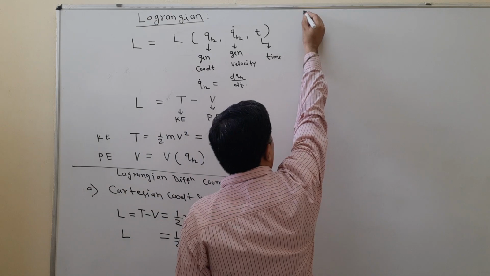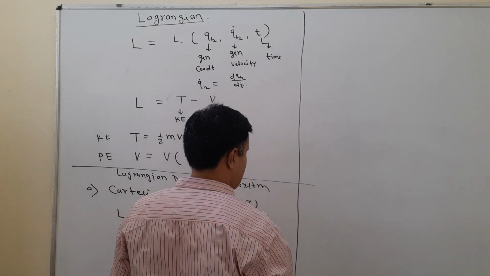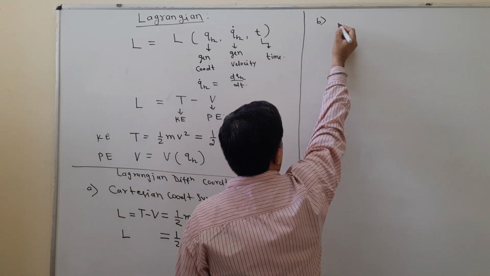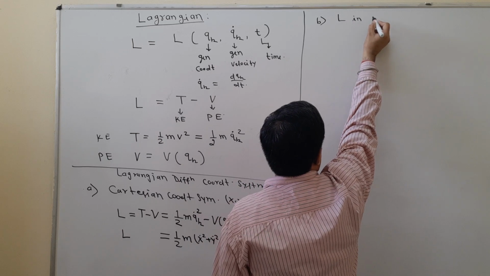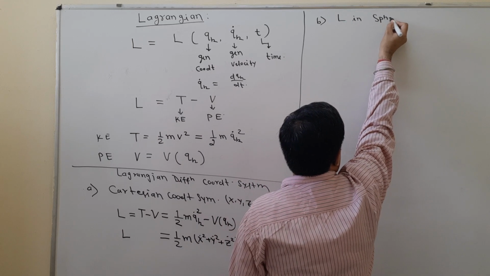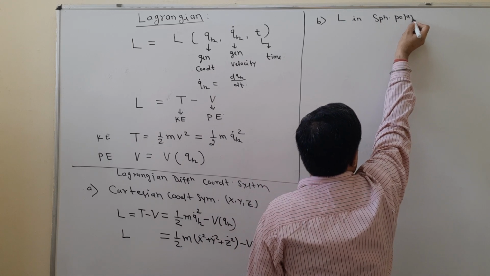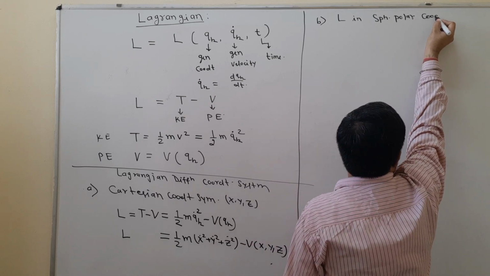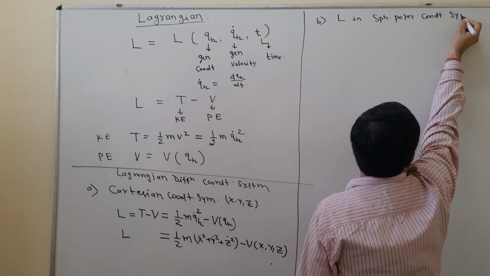Second, we can express our Lagrangian, let's say this is B, in the spherical polar coordinate system.